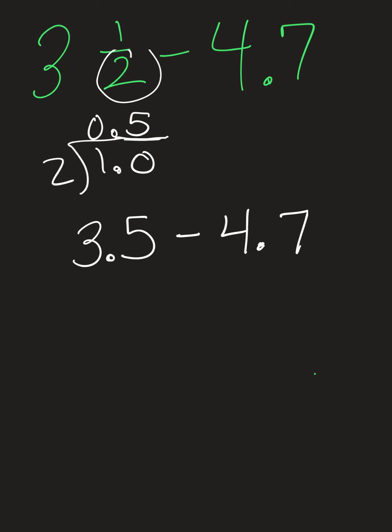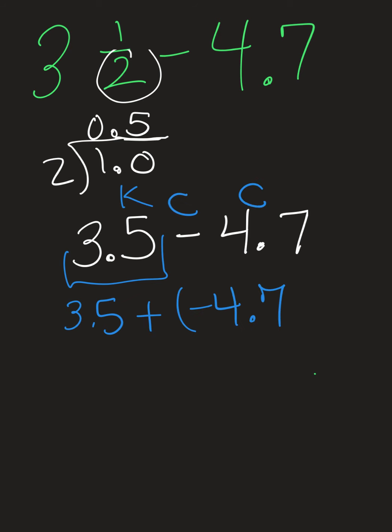Because this first rational number is smaller than the second, I'm going to use my keep, change method and think about my integer adding rules. So I have 3.5 minus 4.7. I'm going to say 3.5 plus negative 4.7. Keep, change, like I do with adding integers.